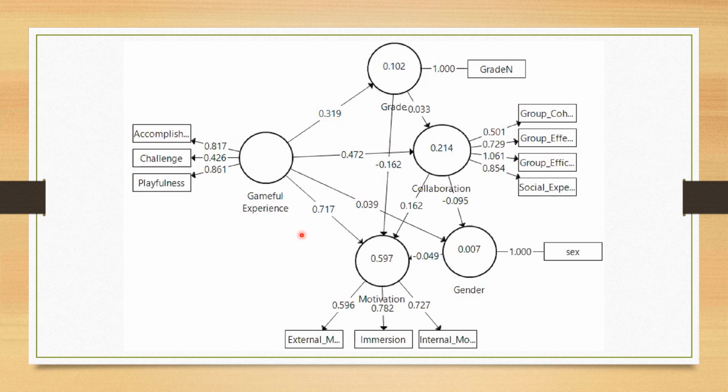If I'm to interpret this, I would say potentially, the more you feel like you're having a game-like experience, the more you're motivated in this game, depending on what kind of questions they ask relating to motivation. The more it feels like a game and has qualities of a game, the more I'm motivated to do things.